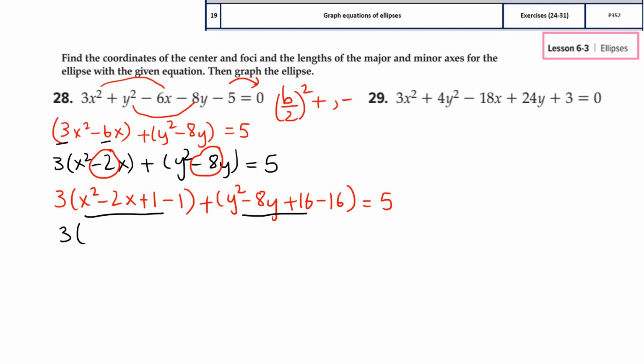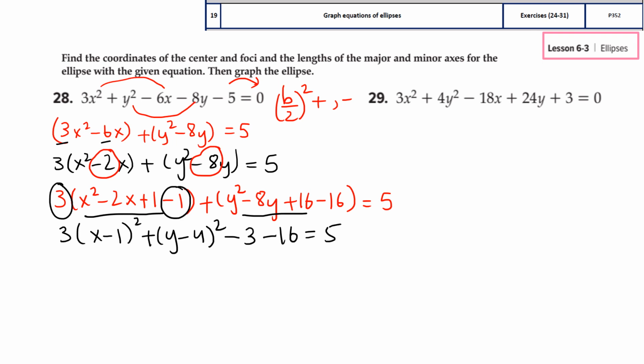So I get 3 times x minus 1 whole square plus y minus 4 whole square, and this 3 and this minus 16 will go on the other side. So it's like minus 3 minus 16, and these terms I will in the next step combine with the 5.